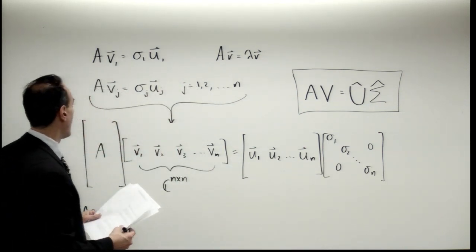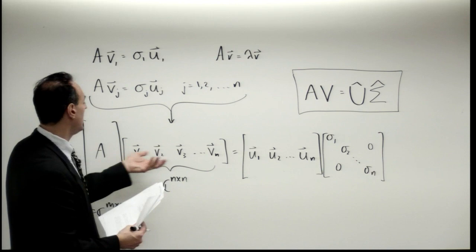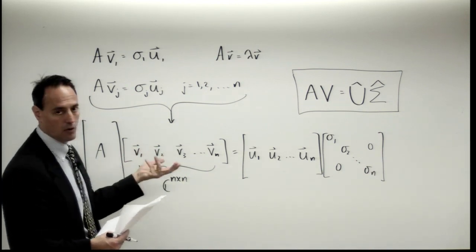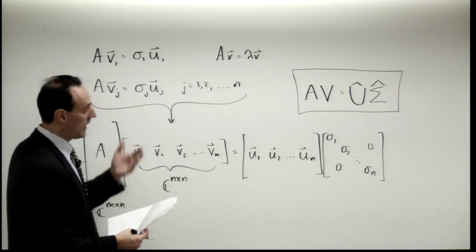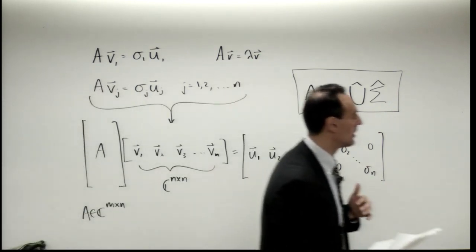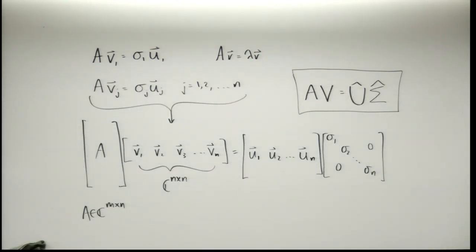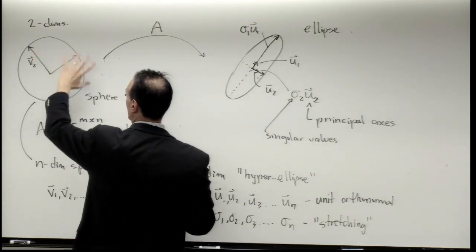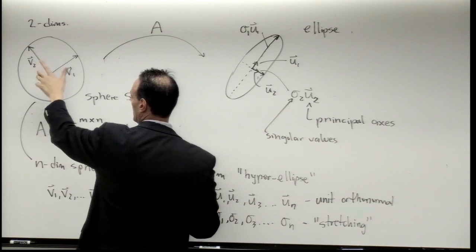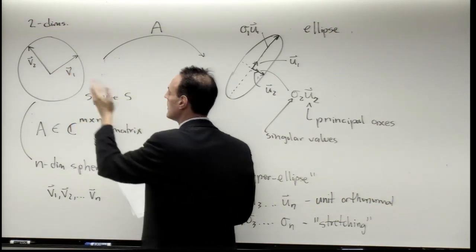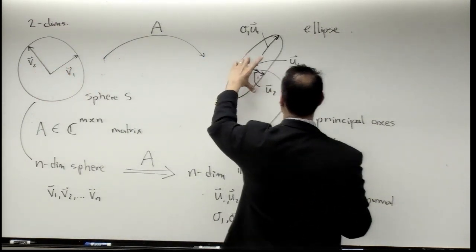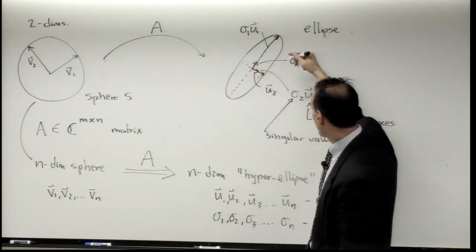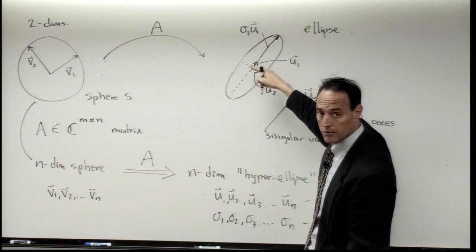A couple of things I want to point out. I'm going to assume that these V's are an orthonormal set. That's how I drew it. Let's come back over to here. V1 and V2 were these orthogonal directions, unit length. That's why it's a circle. So these are orthogonal coordinates that get transferred to another set of orthogonal coordinates, U1 and U2. U1 and U2, remember, are unit length and orthogonal to each other.